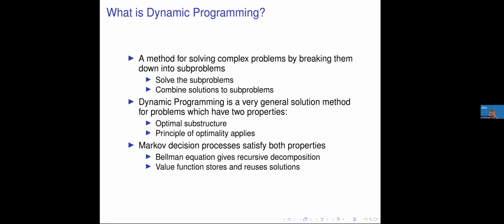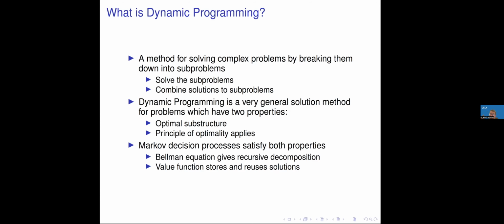So what is dynamic programming? Dynamic programming is an algorithm embedded in operations research and also in algorithms. It's a method for solving complex problems by breaking the problem into many sub-problems. It first solves the sub-problems and then combines their solutions to get the solution to the whole problem. Dynamic programming is a very general solution method for problems which have two properties: an optimal substructure, and the principle of optimality.